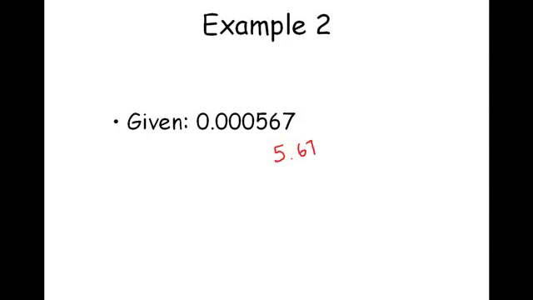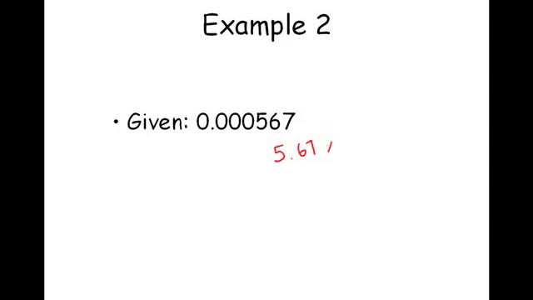Here's an example for you to try. Go ahead and pause the video and try it yourself. Okay, so if we have this number here, again we have to figure out a number between 1 and 10 and place a decimal point. Okay, so our base number is 5.67.